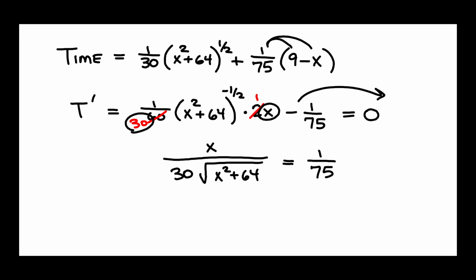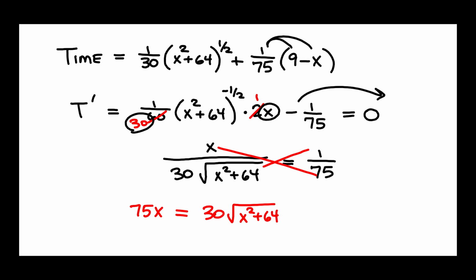Okay. Oh, man. Cross multiplying. We're going to get 75x equals 30 times the square root of x squared plus 64. Theoretically, you could square both sides. Let's do it. 75, well, you know what?